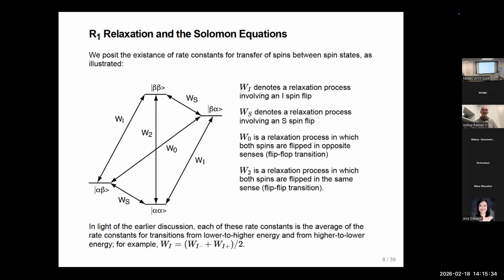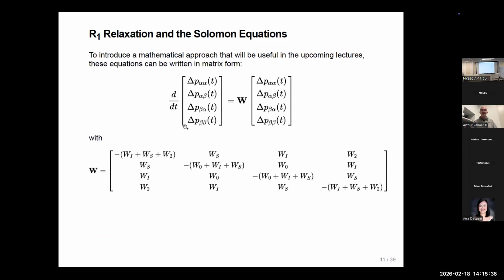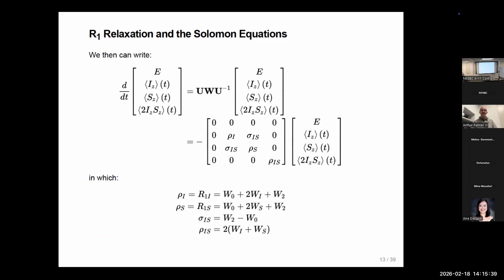So this will only happen, right, if this difference is non-zero. So there has to be a W2 and a W0, and they can't be equal to each other. If they're equal to each other, then we're not going to have any effect either. So this is the famous nuclear Overhauser effect.